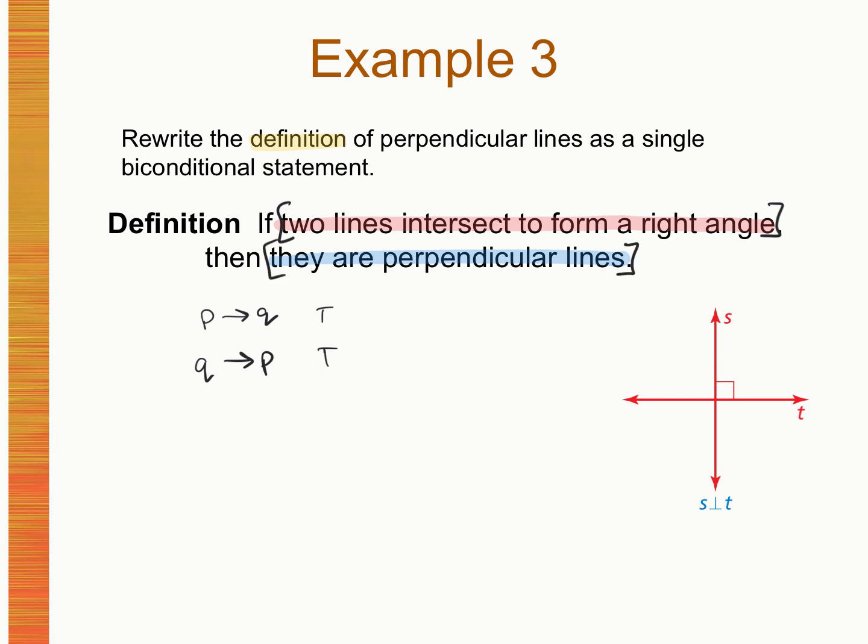I always put the original P first, but it doesn't have to be. So it would be two lines intersect to form a right angle if and only if they are perpendicular lines.